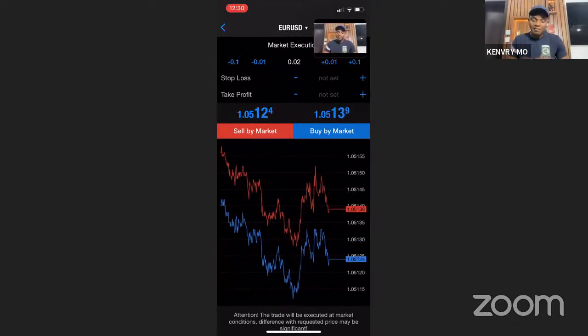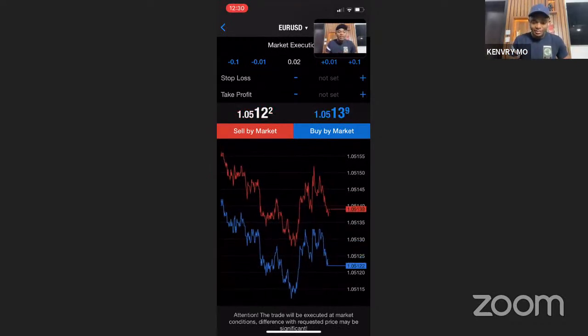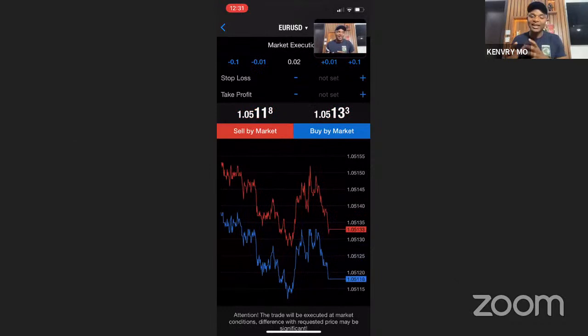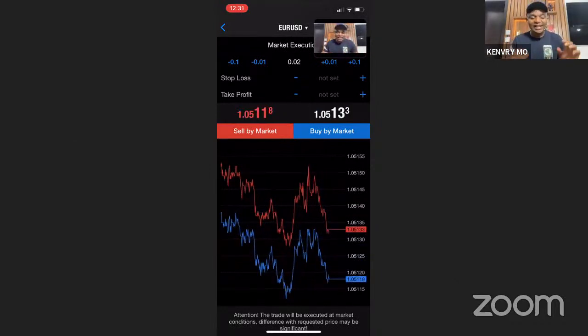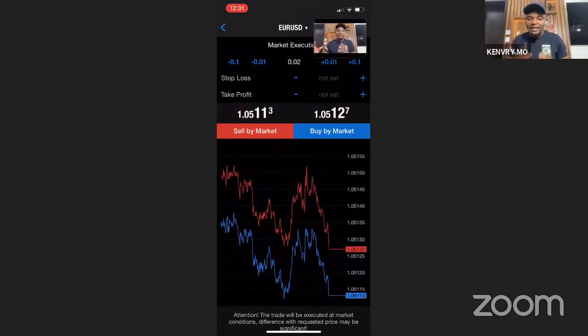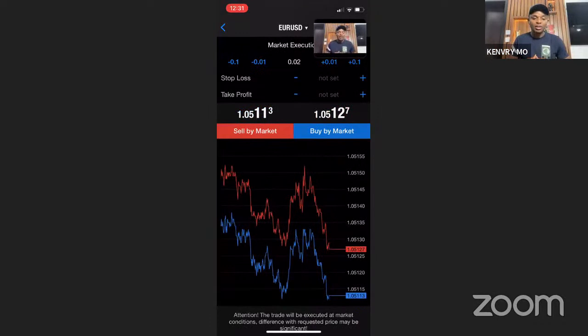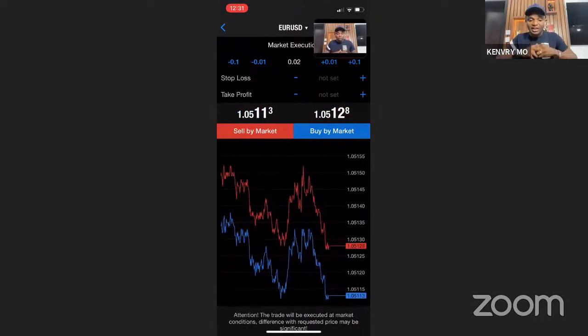Good. Now this is not binary, where you just click and use $10. The lot size determines what kind of risk. 1% is 0.01. 2% is 0.02. 10% is what?